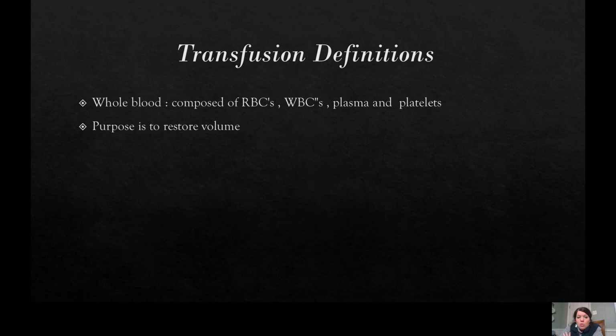So we can give whole blood, which has all of those things in it, or we can give those individual components. When we give whole blood, the purpose is to restore volume because they have lost blood containing all of these.